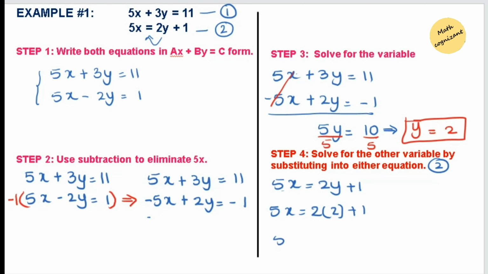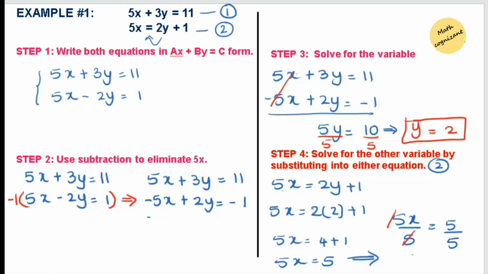So 5x equals to 2 times 2 is equals to 4 plus 1. 5x equals to 5. Now again it's a multiplication equation. We need to do the inverse operation, that's division. We need to divide it by 5 on both the sides of equal. So we are left with x equals to 1.